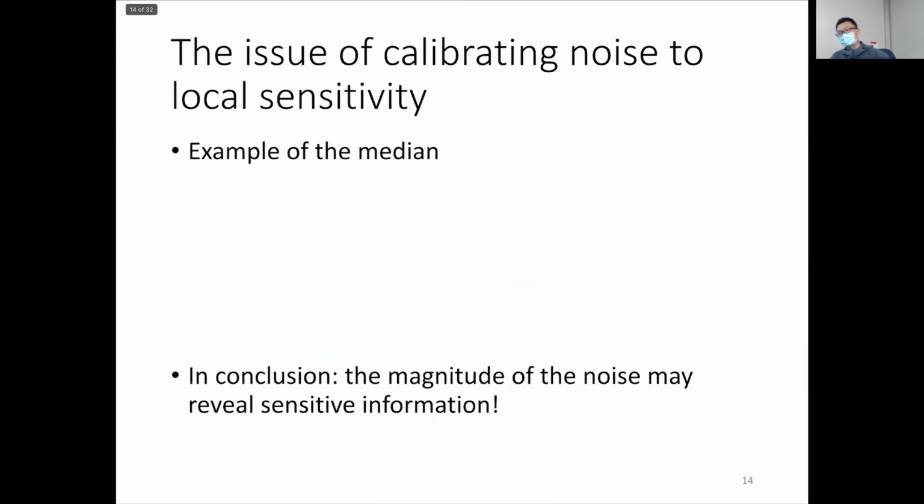So a natural idea is, can we just add noise proportional to local sensitivity rather than the global sensitivity? That would be the most practically relevant thing to do. If my data set is behaving well, I should just add noise that's proportional to locally how much difference I have against any other neighbors.